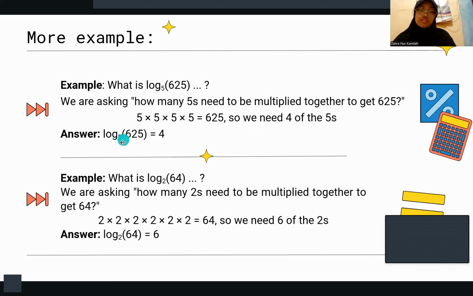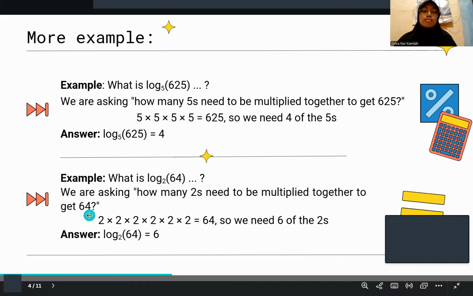So the answer is log base 5 of 625 equals 4. One more example: what is log base 2 of 64? You're asking how many 2s need to be multiplied together to get 64.